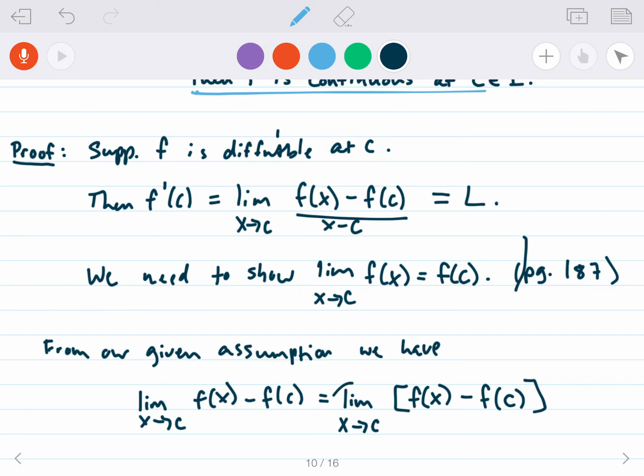You see what I mean? Like when you're taking the limit of f of c, we don't have an x involved, so it's simply going to be f of c.